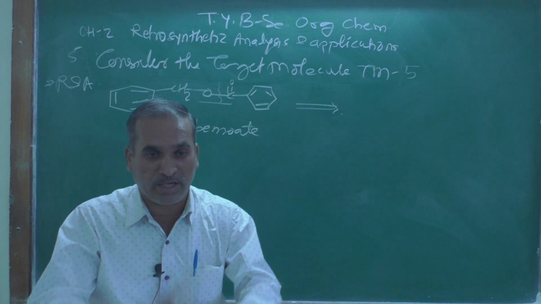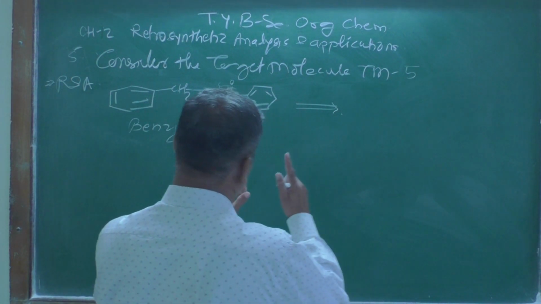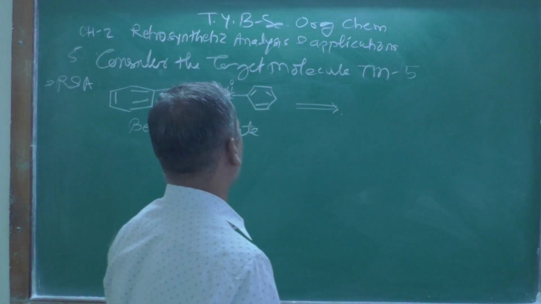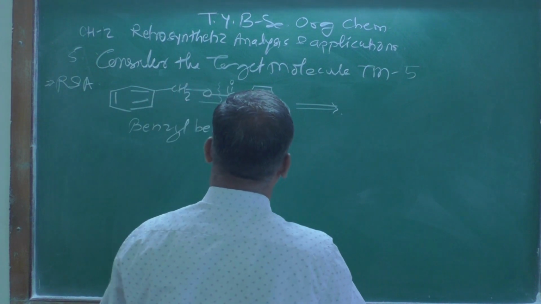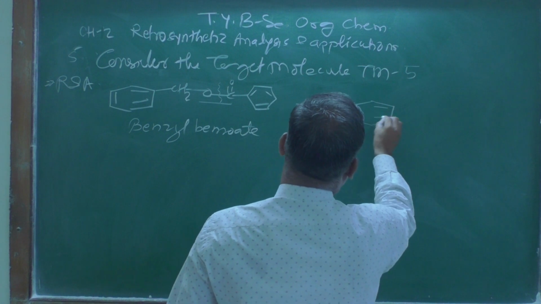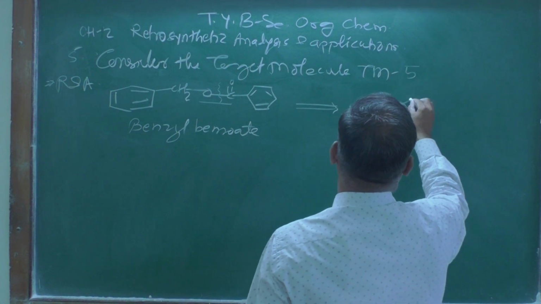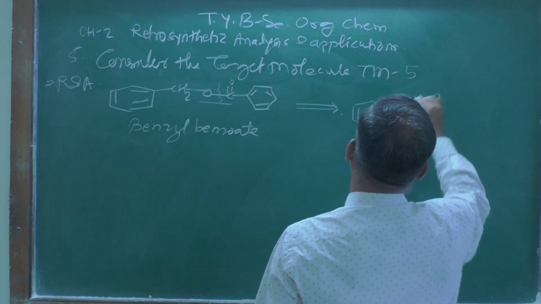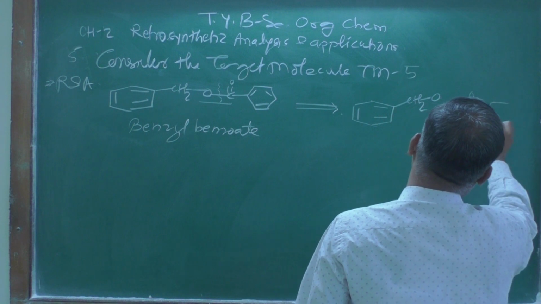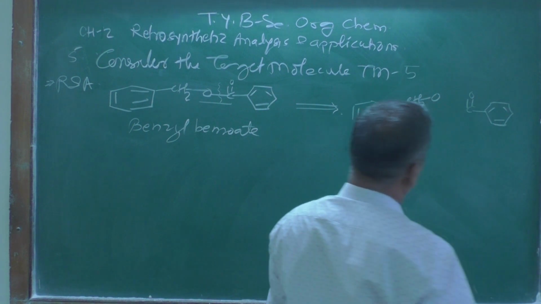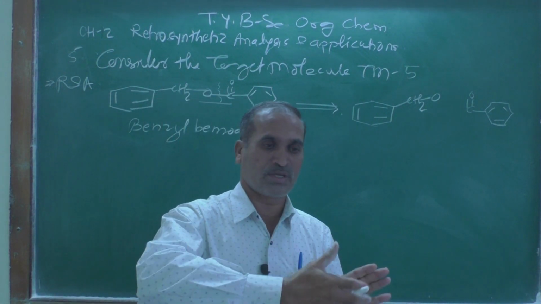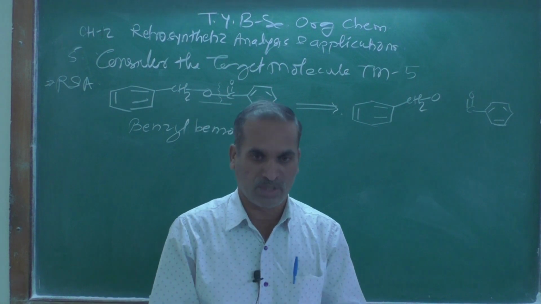That is the way of thinking while disconnecting. When I disconnect this bond, I get this fragmentation: this one, then C double bond O, and then the benzene part. This is the species I am getting.